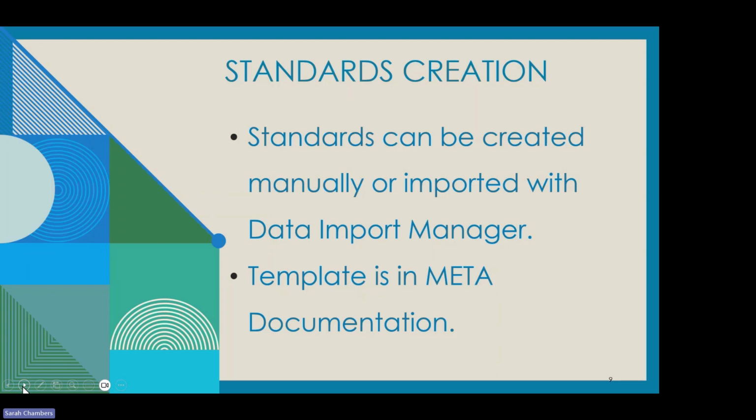So if you're creating a spreadsheet to import standards in, the year is very important. You would put 35 because I don't want to import them into this year's standards. I don't want to change anything for this year, but I do want to add it to next year. So next year's 35. Again, you're going to need that grade scale ID, and you're going to have to put course numbers on those standards.